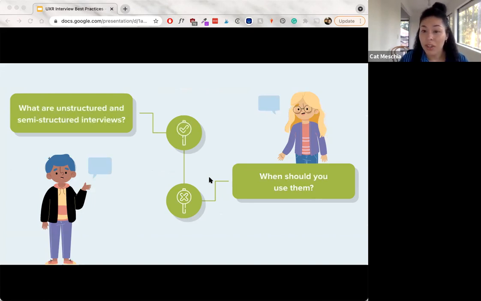Unstructured and semi-structured interviews are a type of qualitative research methodology designed to collect non-numerical data to gain insights. Maybe these terms are familiar, maybe they're not, but basically qualitative methodologies rely on data collection to answer the question of why. This is slightly contrasted to quantitative data, which is more the metric piece.